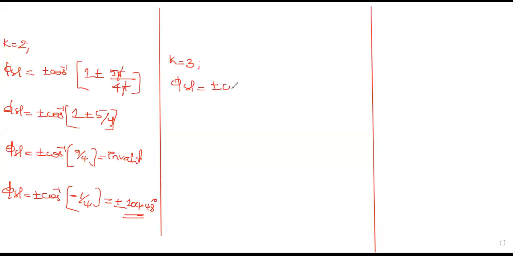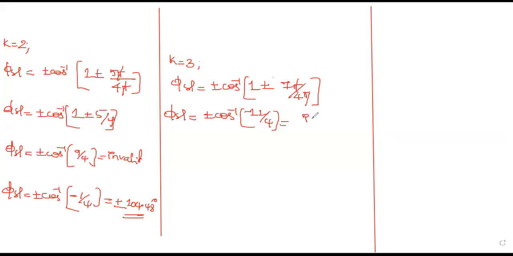Now again go for the next one, k is equal to 3, because again it is not invalid. You will get plus or minus cos inverse of 1 plus or minus, k is equal to 3, 2 threes are 6, 6 plus 1, it is 7 pi by 4 pi. So pi and pi get cancelled. Again, phi SL is equal to plus or minus cos inverse of 1 plus 7 by 4, that is 11 by 4.